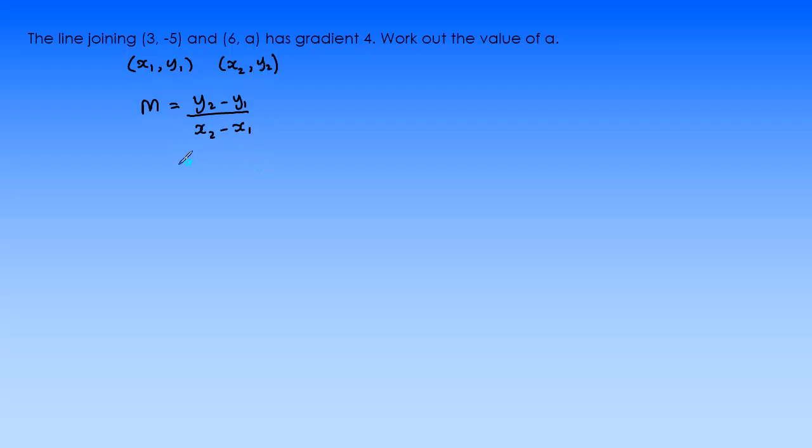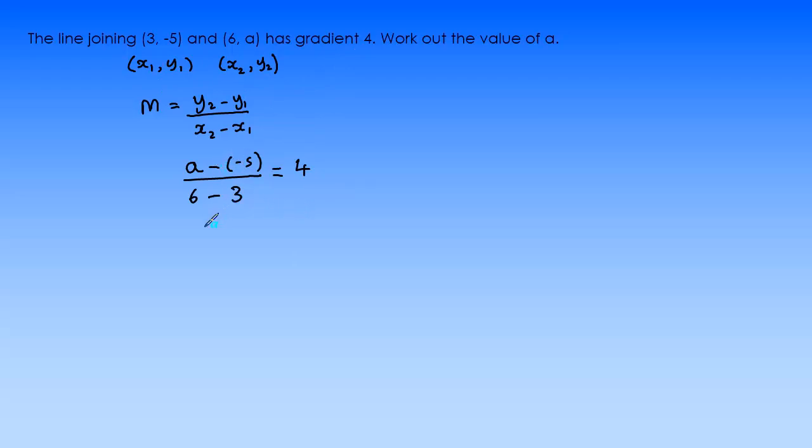So y2 in this case was a, y1 is -5, x2 is 6, and x1 is 3. And we know that that's going to be equal to the gradient, which is 4.